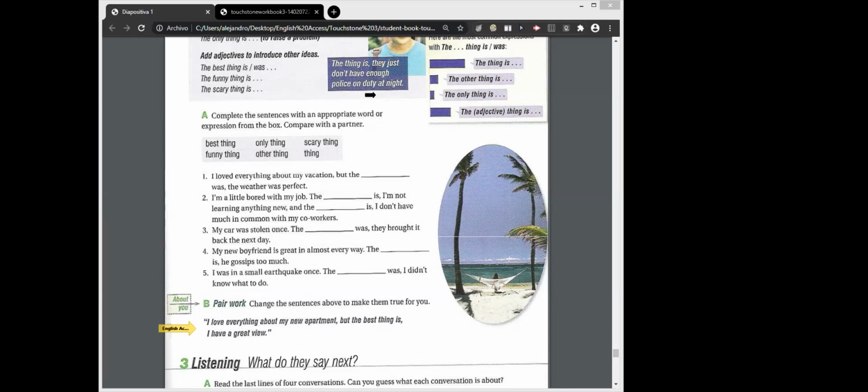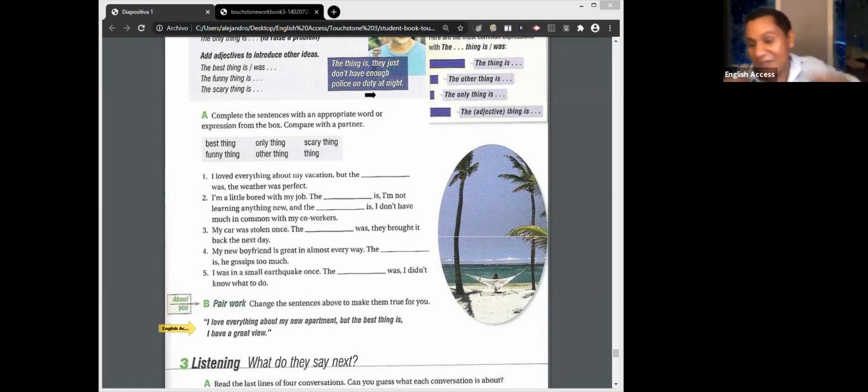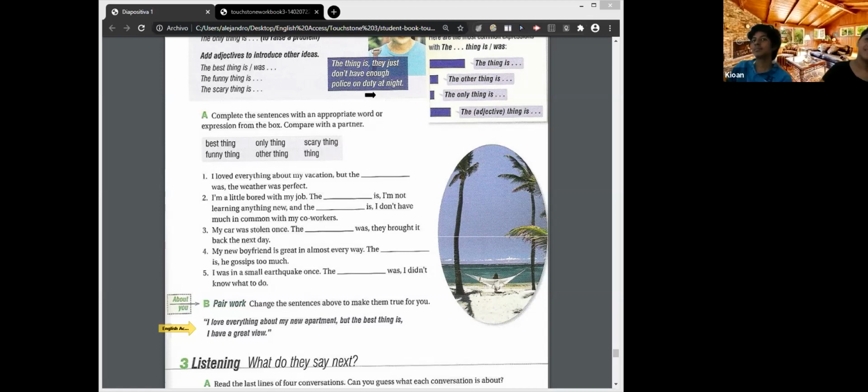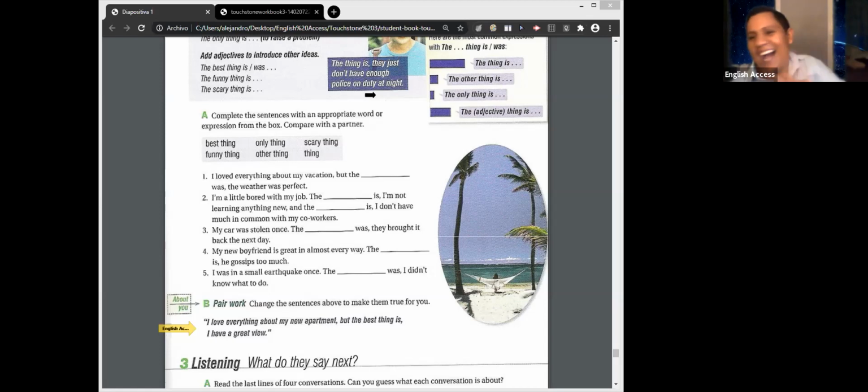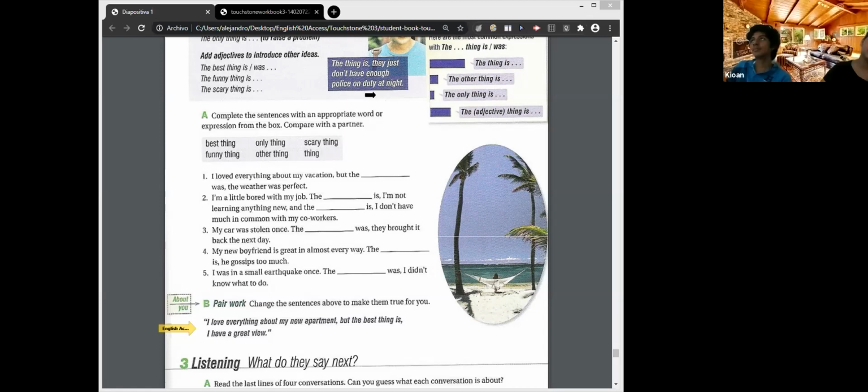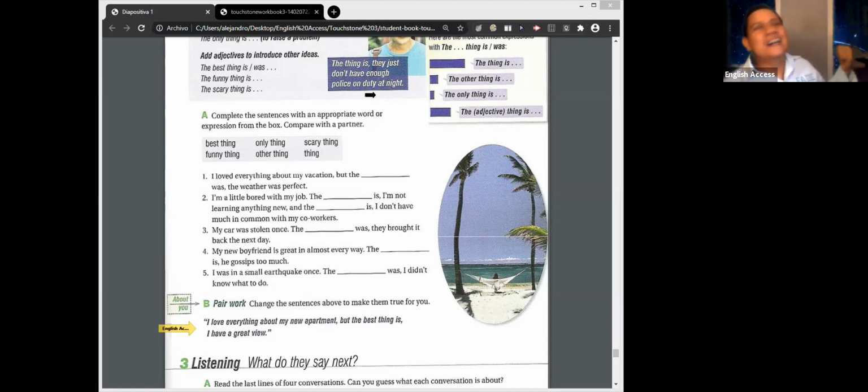Then I opened the first door, I opened the second door because my class was inside another classroom. So I opened the first door, I ran, I opened the second door, I ran again, and then one of the brothers told me, "Hey, where are the students?" And I was like, "Oh my God, the students!" So I went back for them.